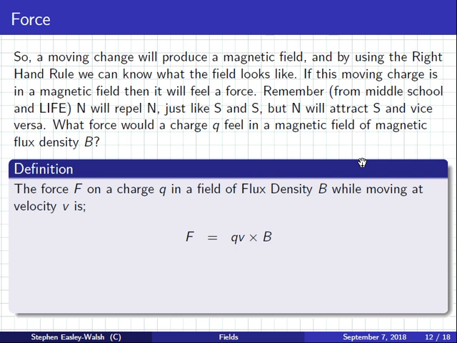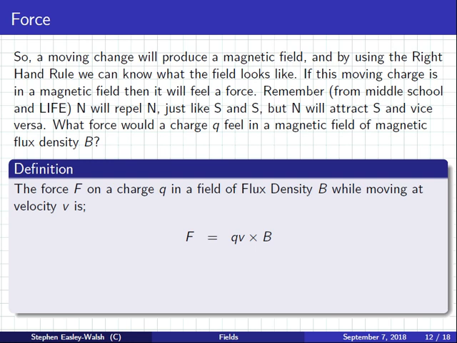Now, this is a special multiplication. QV cross B means QV times B, but these are vectors. The velocity V is a vector, the magnetic field flux density B is a vector, and force is a vector here. So there's two parts to this formula.